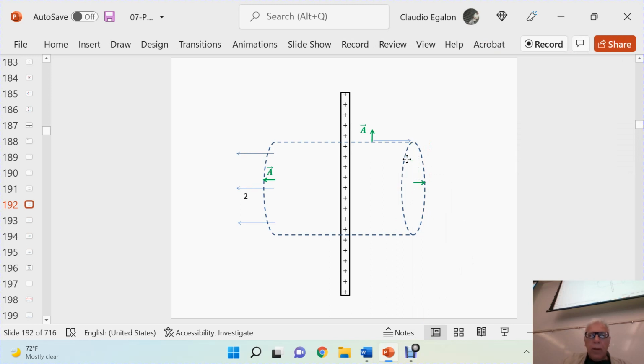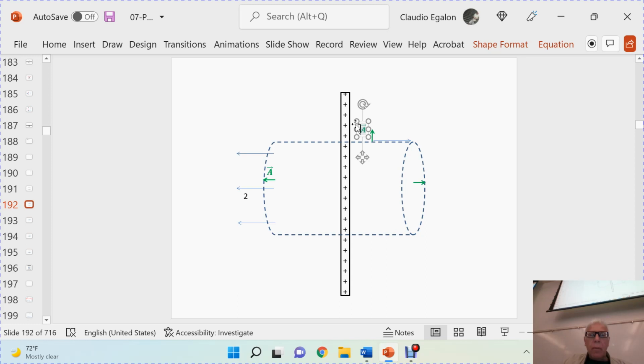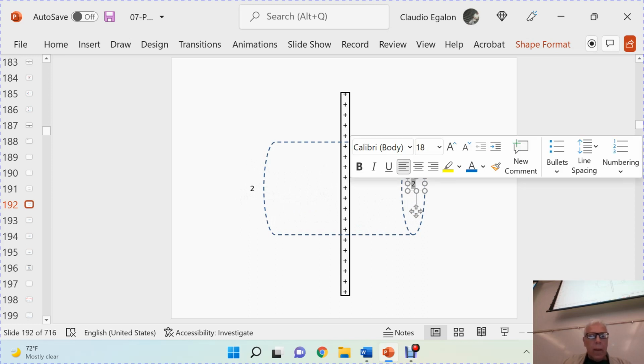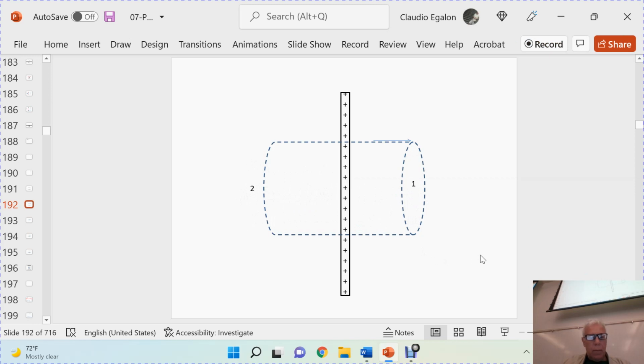You know what? Before putting the vector, let's instead name the surfaces first. That's better, I put the vectors afterwards. This surface to the left is 2. I'm going to call this surface to the right 1. And this cylindrical surface 3.